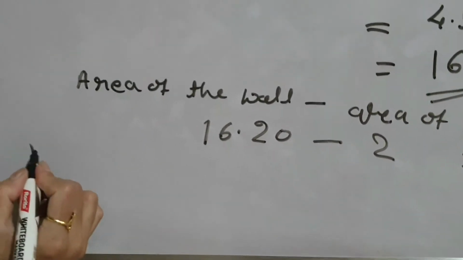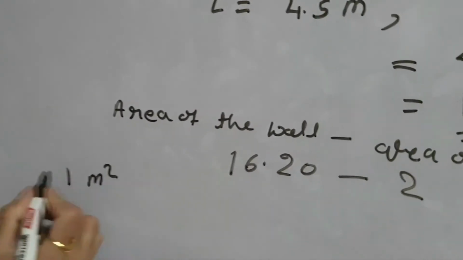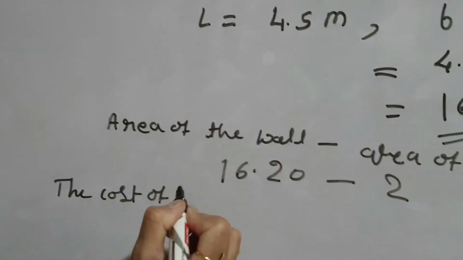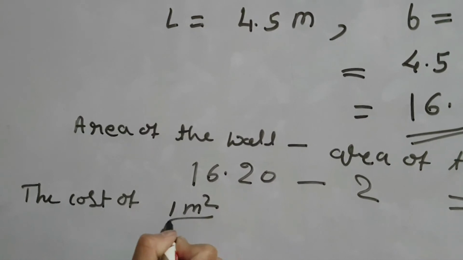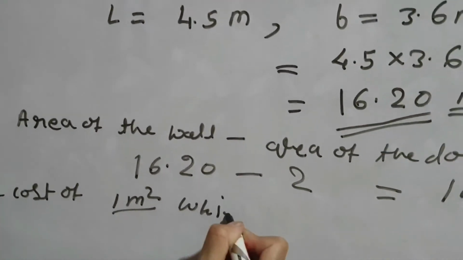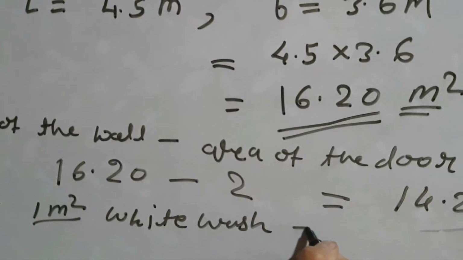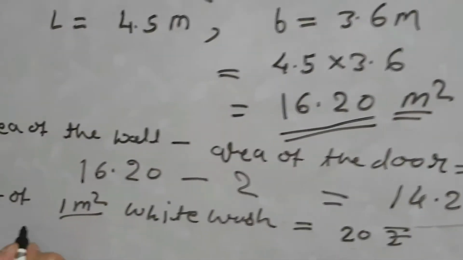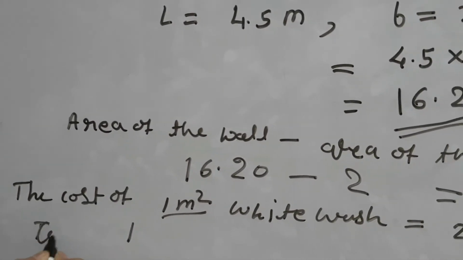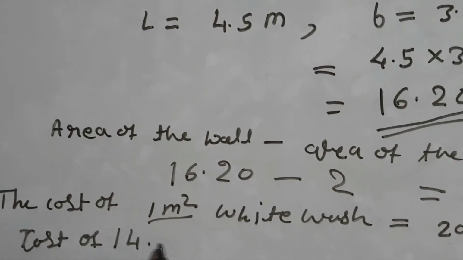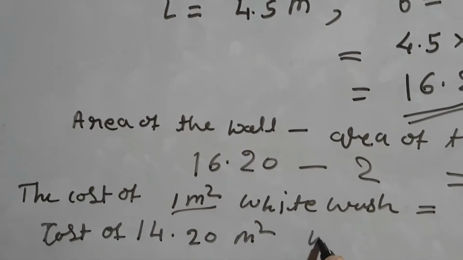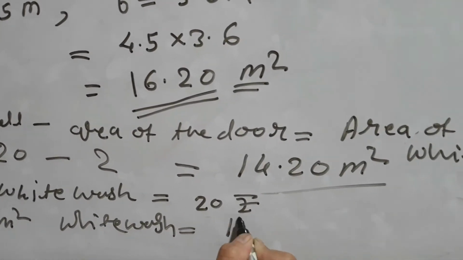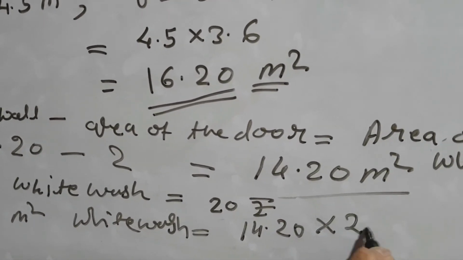Now we will write the cost of 1 square meter whitewash equals 20 rupees. So the cost of 14.2 square meter whitewash equals 14.20 multiplied by 20.